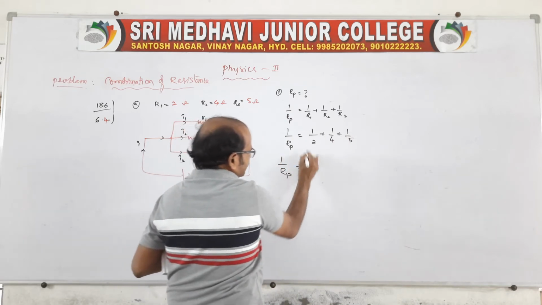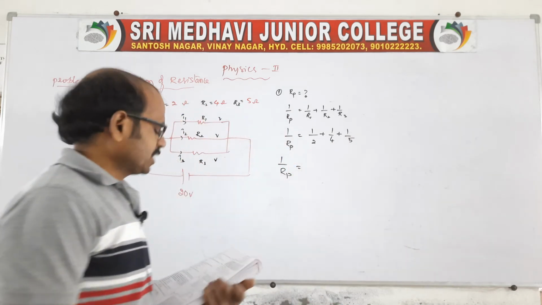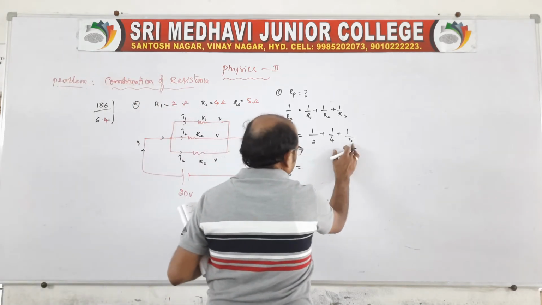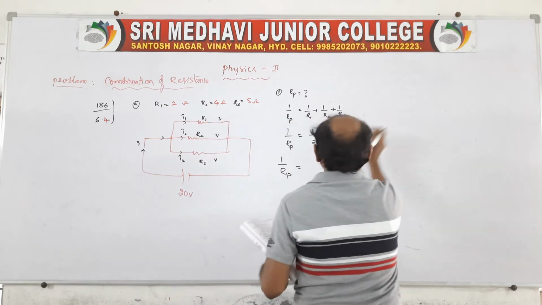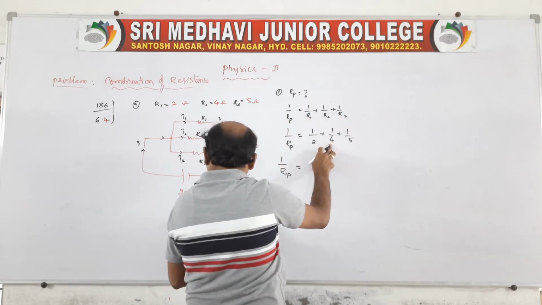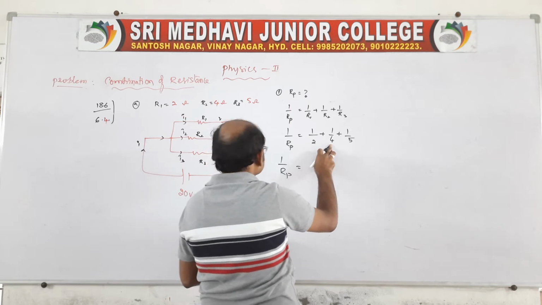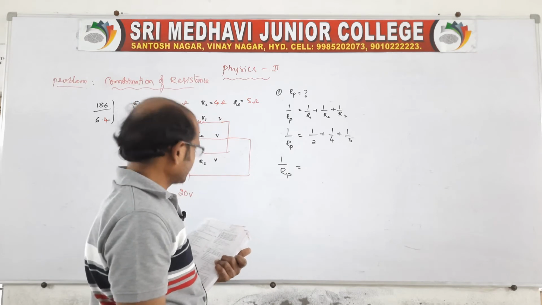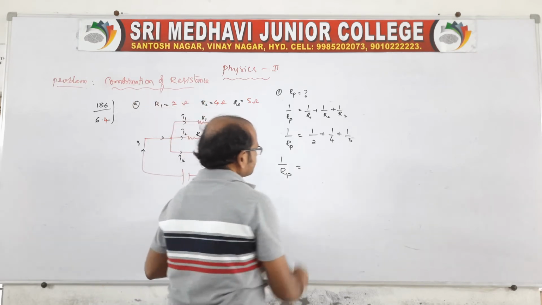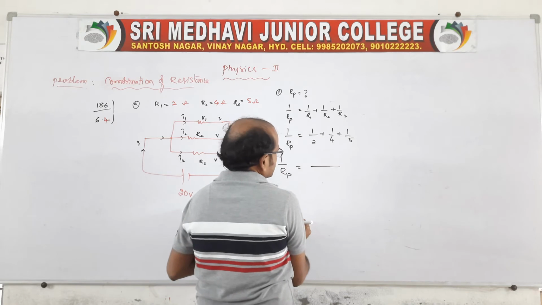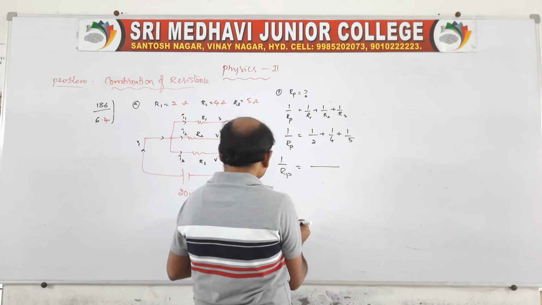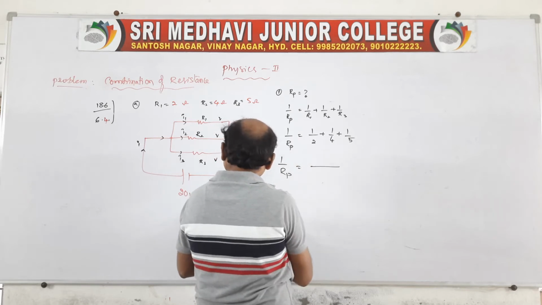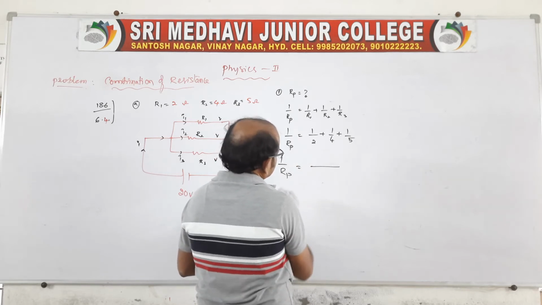First of all, we need to take the LCM, right? 2 into 4 into 5. 2 fours are 8, 8 fives are 40, we get.